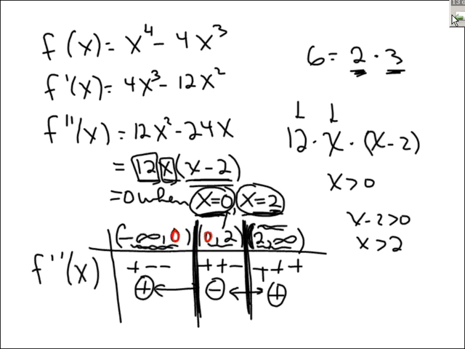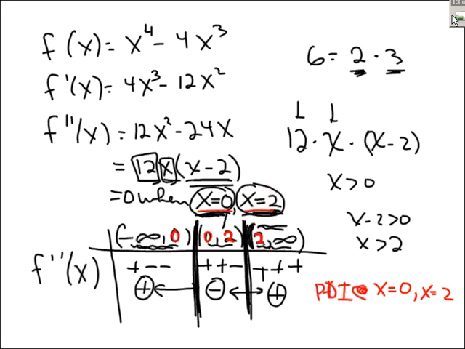So, you have a point of inflection at 2. It turned out that both possible values, 0 and 2, were points of inflection. So you can say POI at x equals 0 and x equals 2.